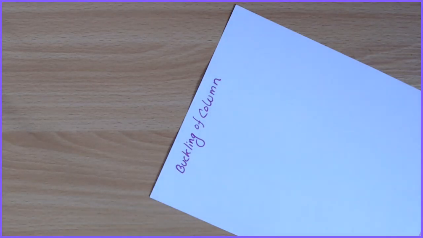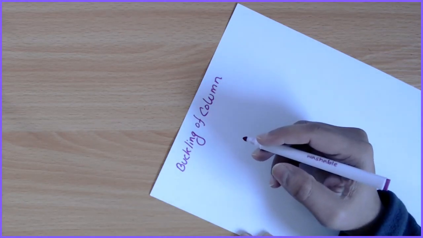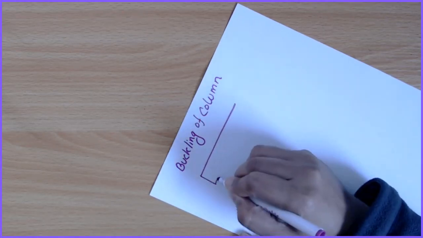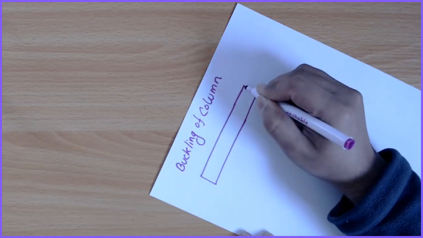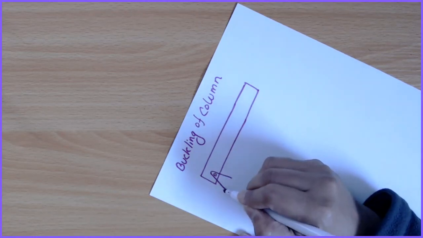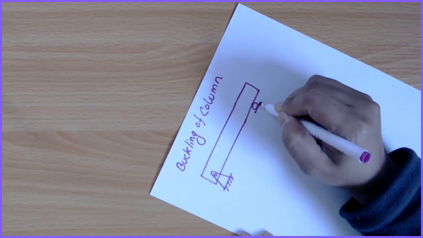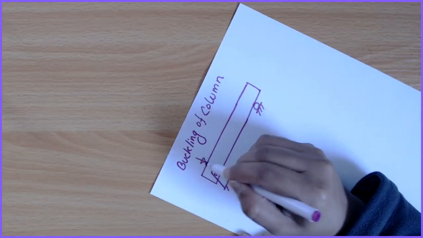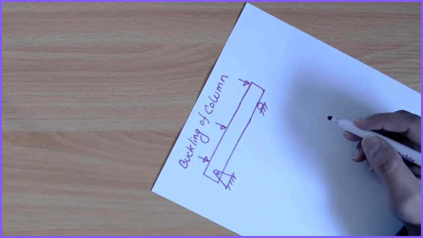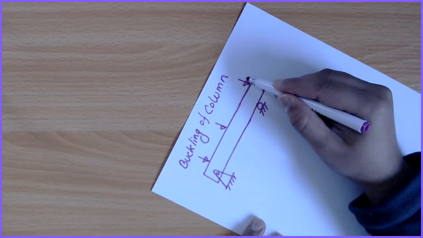talk about the columns. Remember in the previous class, when I discussed the beam, I said the beam is a long slender member which is supported either at one end or at two ends, and the beam is subject to shear stress and bending.